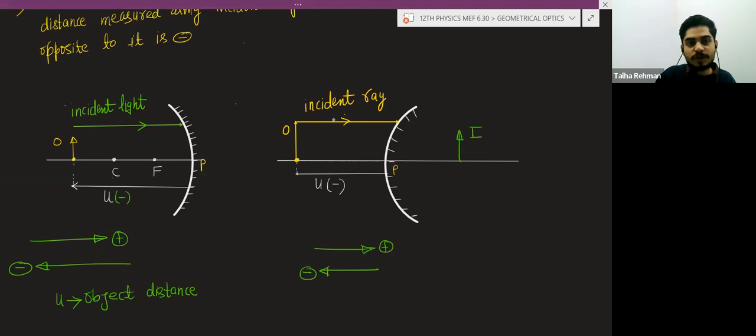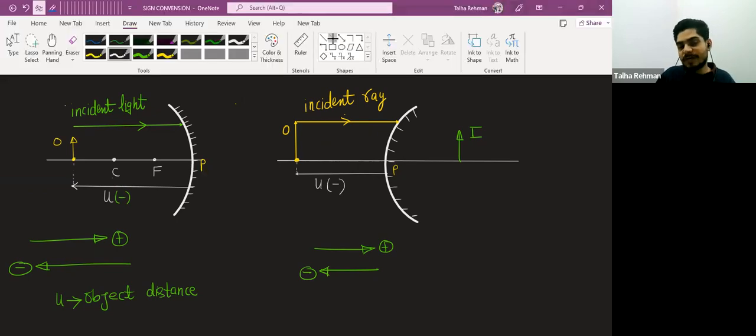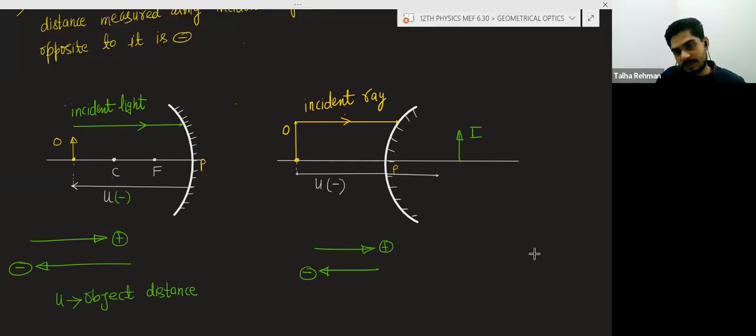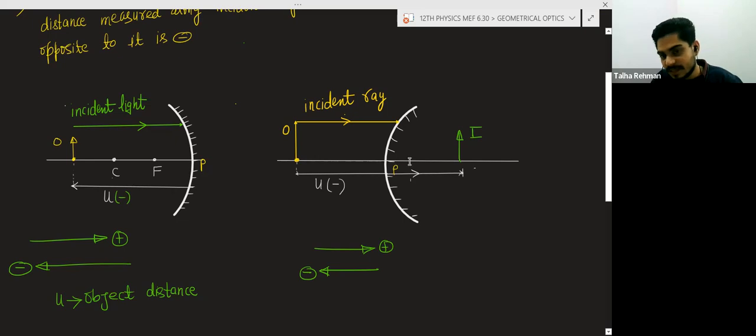Now you want to find the image distance. So this will be the image distance, from the pole to the image. You are measuring the distance in this direction, from pole to the image.